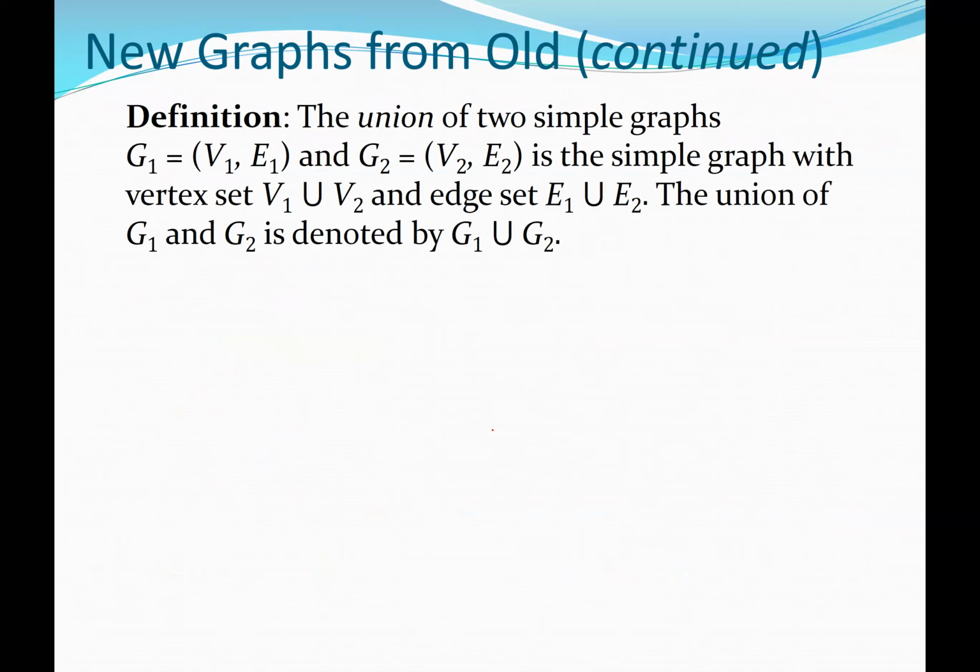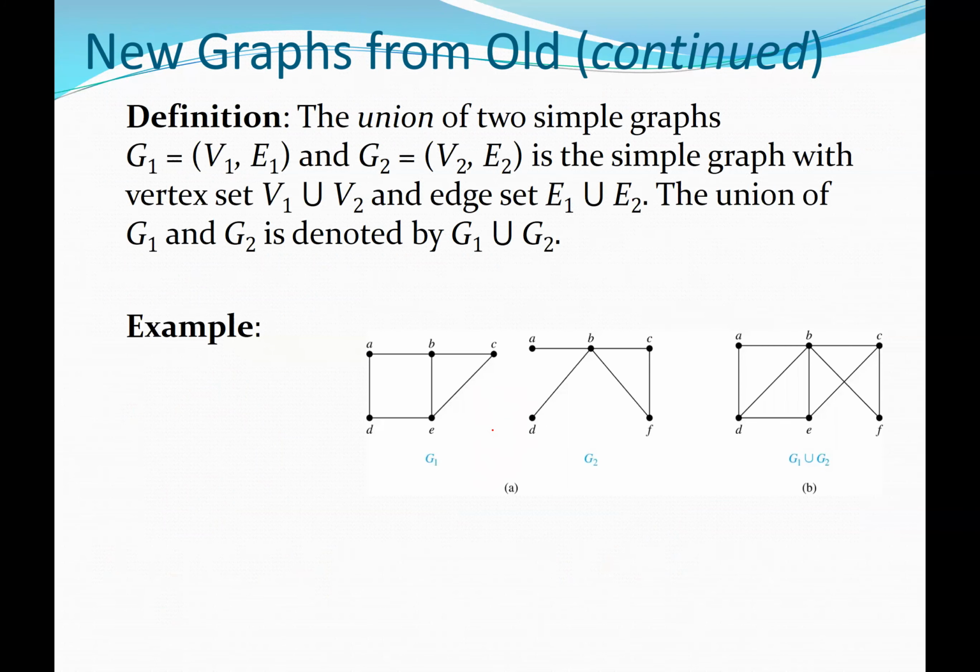Now, unions of two graphs. Suppose you have two graphs that have vertices connected in some way. Then you can put those two graphs together into one graph, but you still maintain the connectedness of the vertices. You can see here, B and C are connected, B and E are connected, and B and F are also connected.